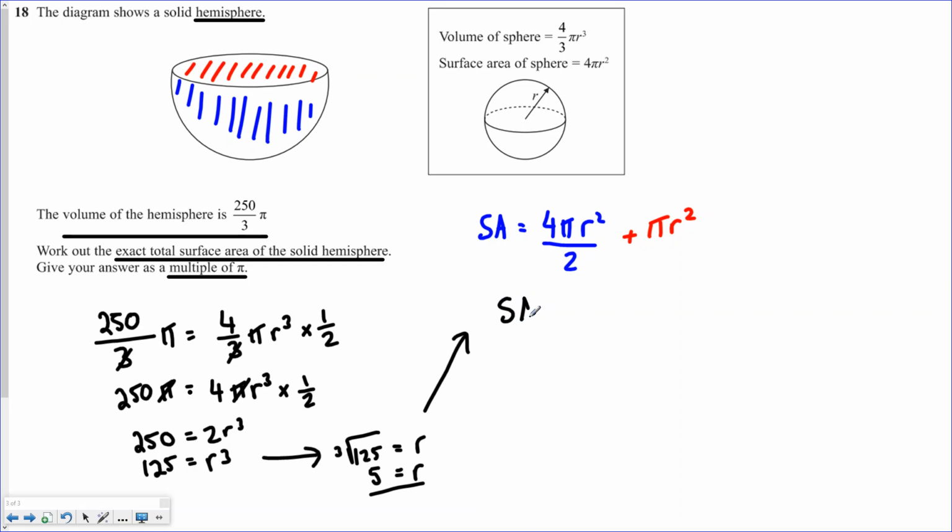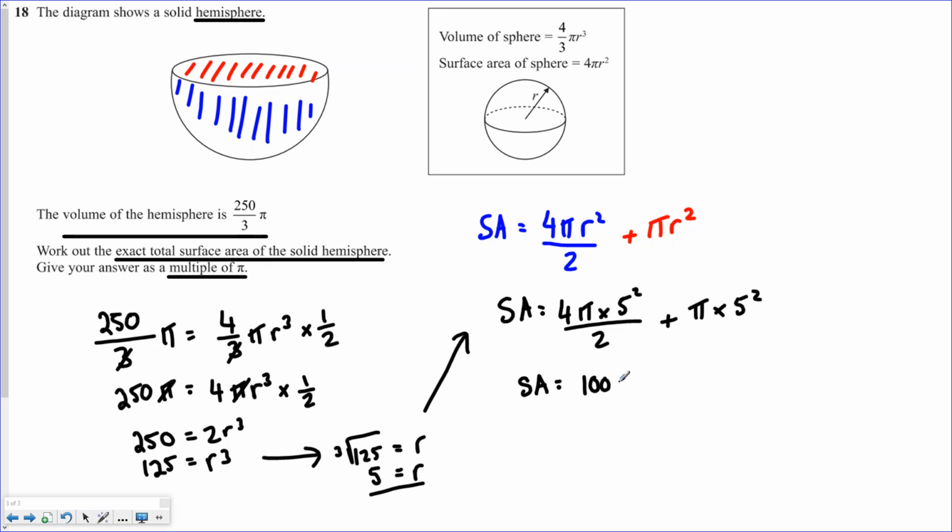So the surface area is going to be equal to 4 pi times 5 squared, and the whole thing is divided by 2, plus pi times 5 squared. Let's do the indices first. So 5 squared is 25. 25 times 4 is 100.